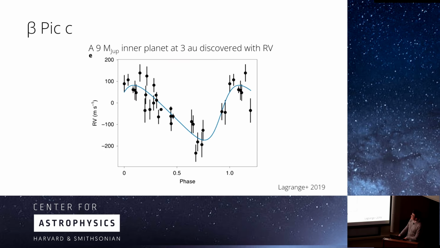What's more interesting is that radial velocity actually inferred an inner planet, about 3 AU and 9 Jupiter masses, from this planet, mass of 9 Jupiter masses at a separation of 3 AU. Because we know the system has an edge-on geometry, and we assume that this inner planet is coplanar with the edge-on geometry, we can basically image this radial velocity planet when it's at maximum elongation, because we know the orientation of the orbit.